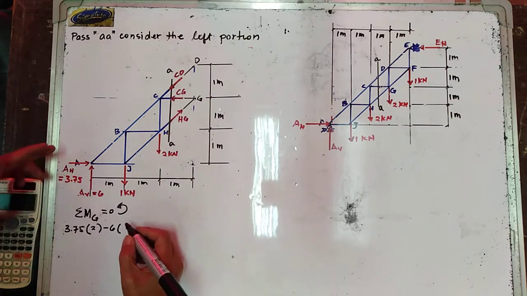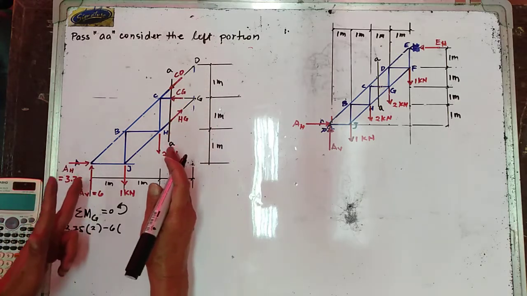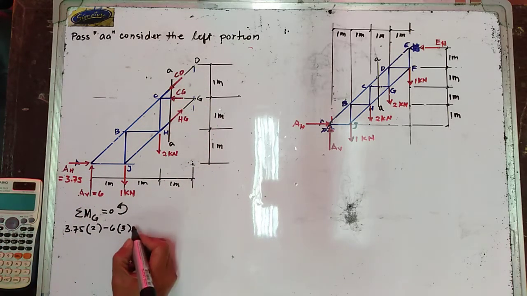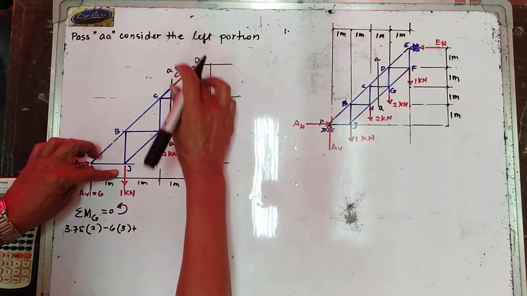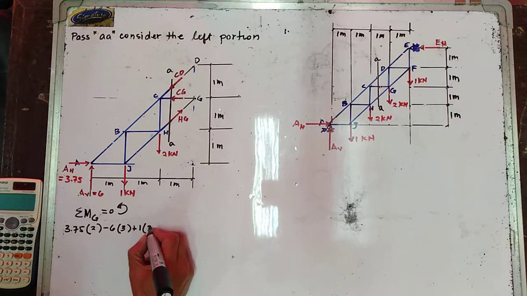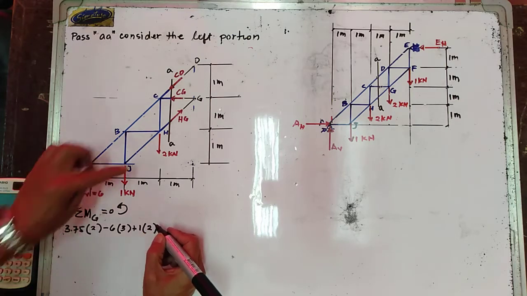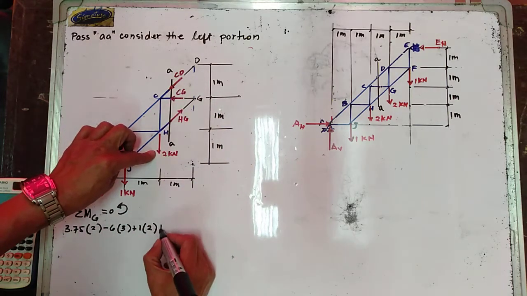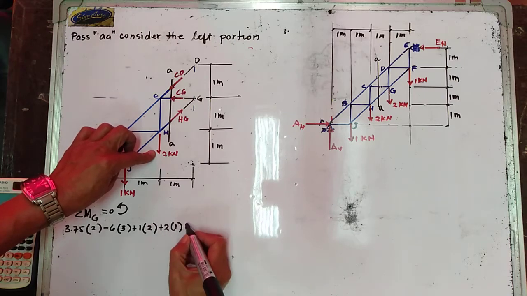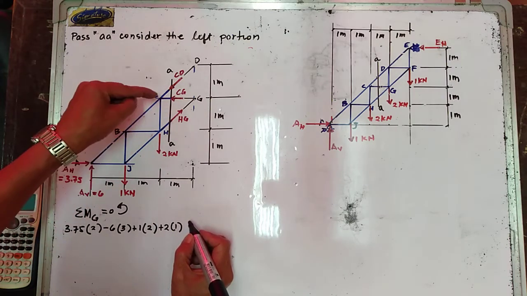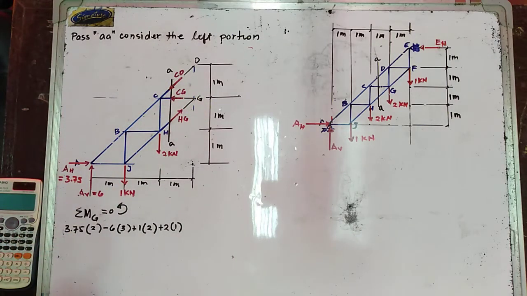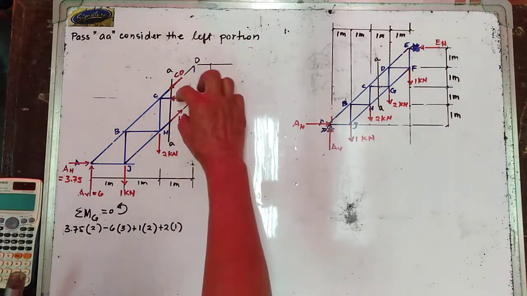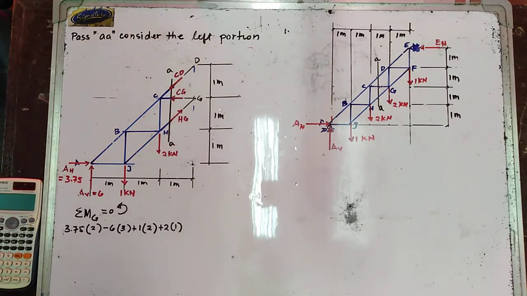And the moment arm is equal to 3 plus 1, multiply this one by 2. And then plus 2, multiply this one by 1. Your HG and CG have no moment about point G because these two forces pass through the moment center.